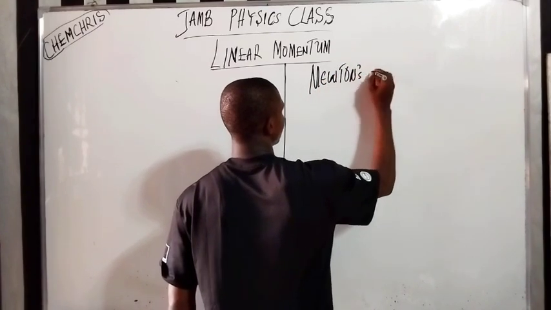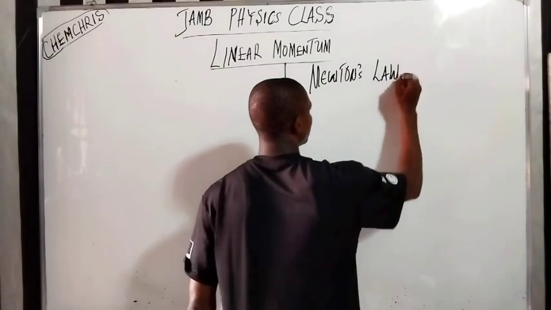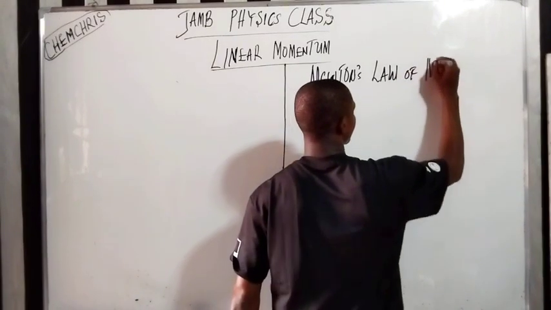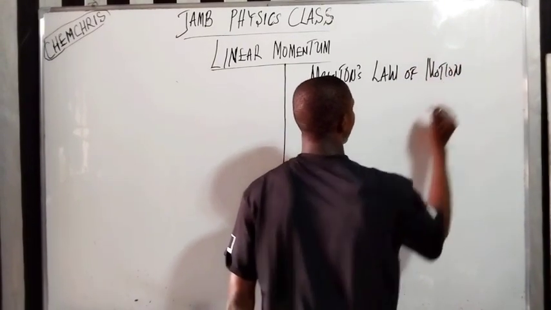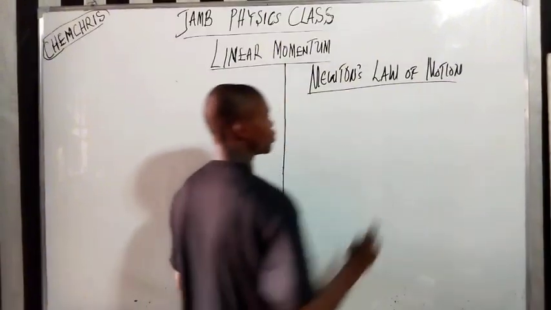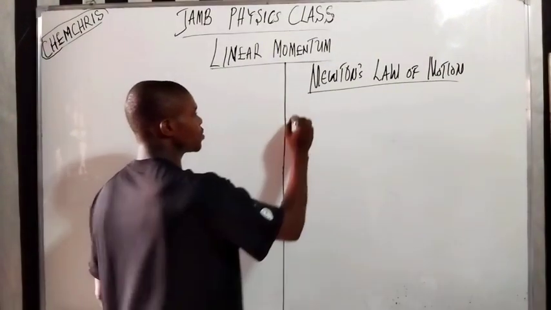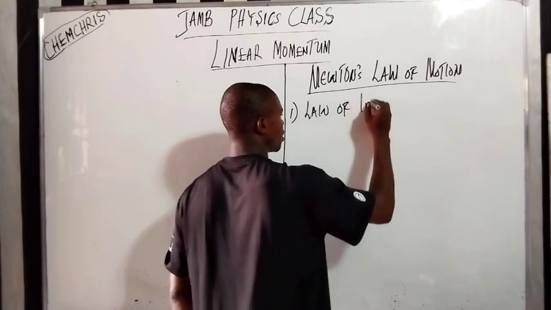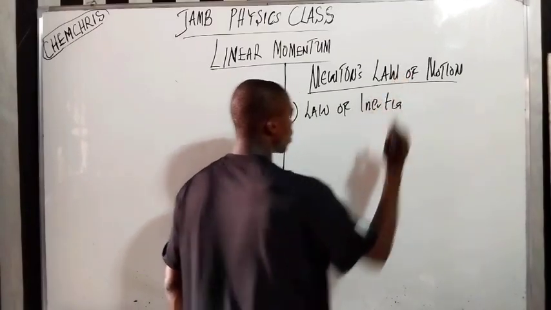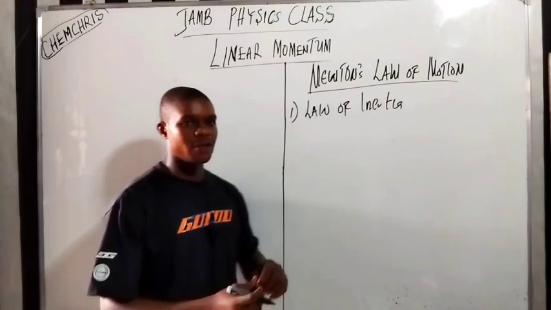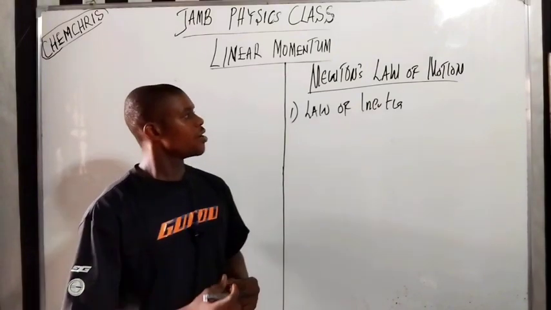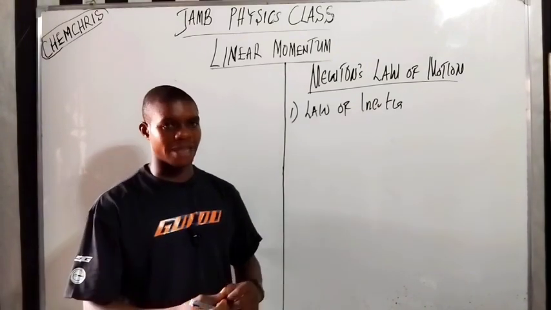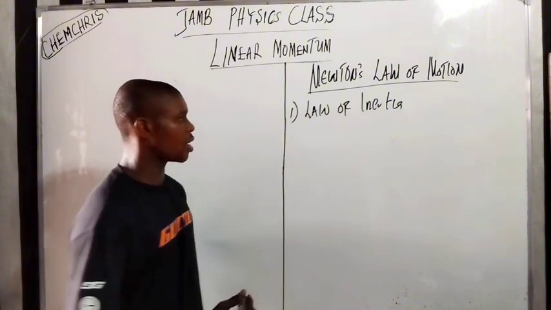Newton's laws of motion. There are three laws of motion. The first one is the law of inertia, which is called the first law of motion, and I will explain it as we move on.